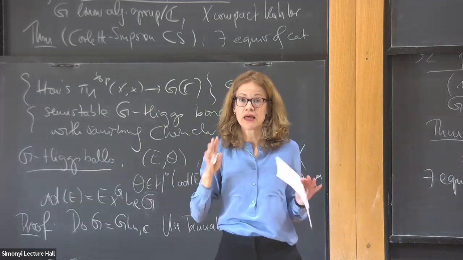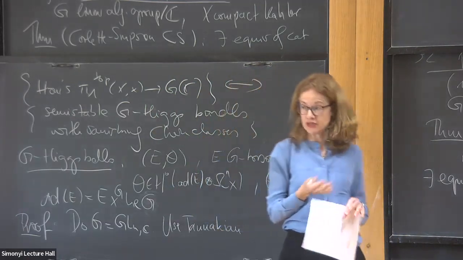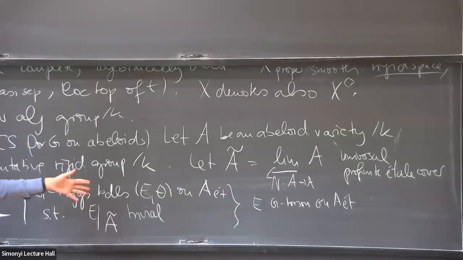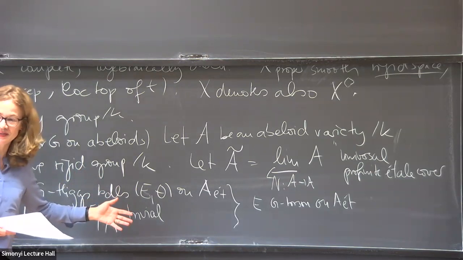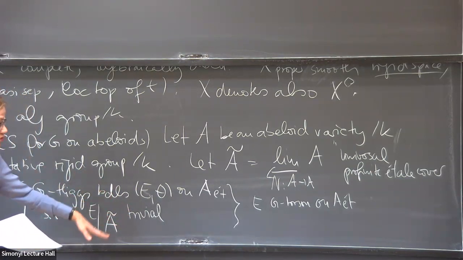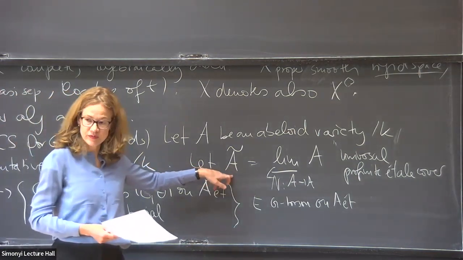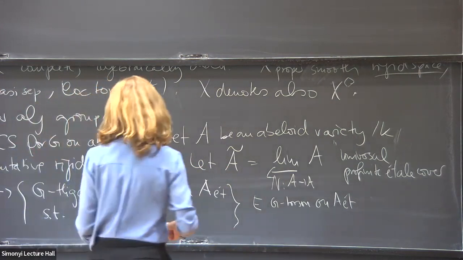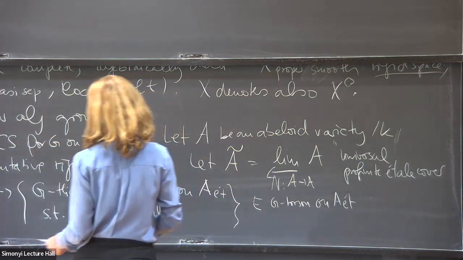We need something a little more restrictive. And in this case, the more restrictive thing, but this is definitely a special feature of abeloid commutative situations, is that if you take this G-torsor and you pull it back over here, it becomes the trivial G-torsor.